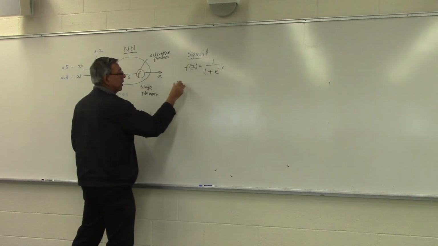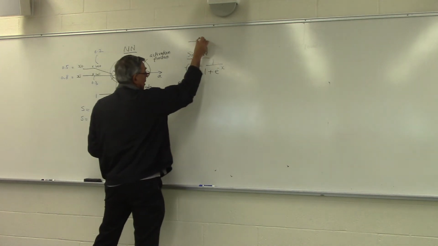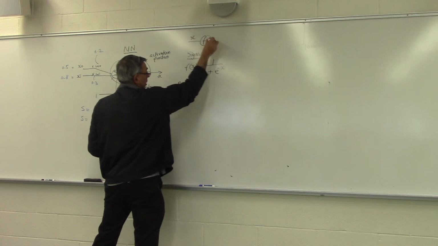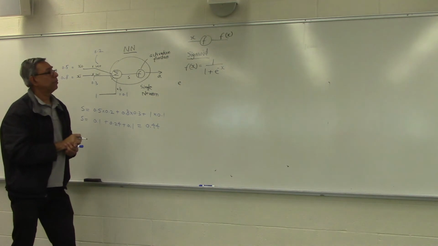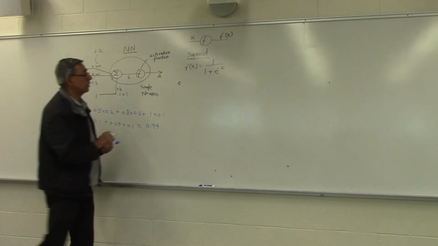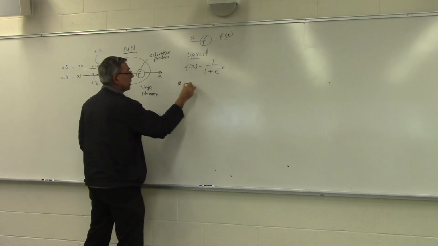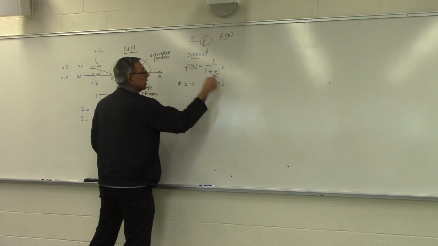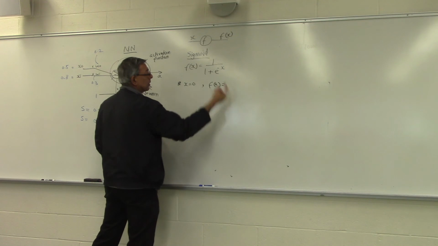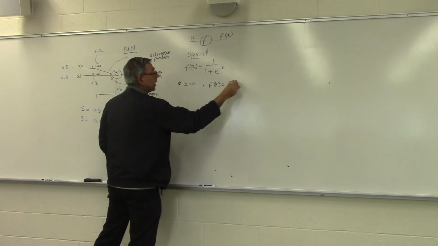Here x is the input and f(x) is the output. Suppose x is 0. Then f(x): e to the 0 is 1, so 1 over 1 plus 1, 2, which is 0.5, right?